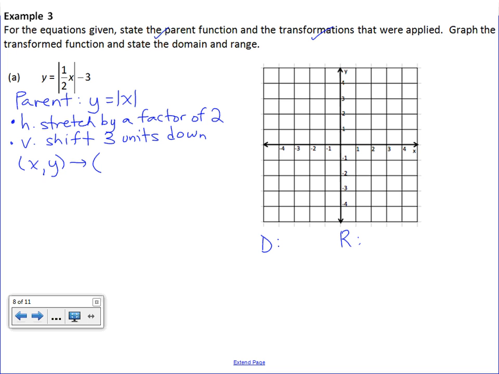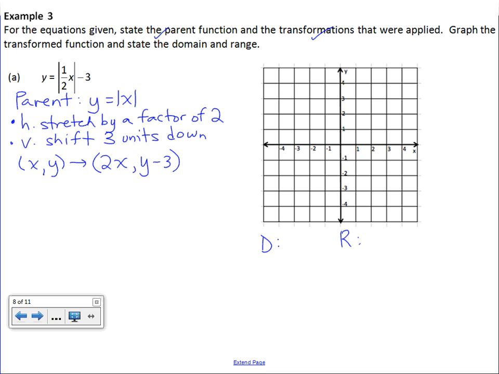The x coordinate of the mapping rule is going to be 2x. Is everyone okay why it's 2x? It's x over k, x divided by half, but what's the easier way of saying x divided by half? 2x, comma, y minus 3, there's your vertical shift. So there's your mapping rule.